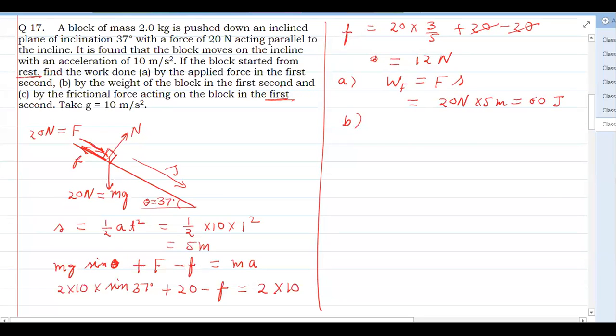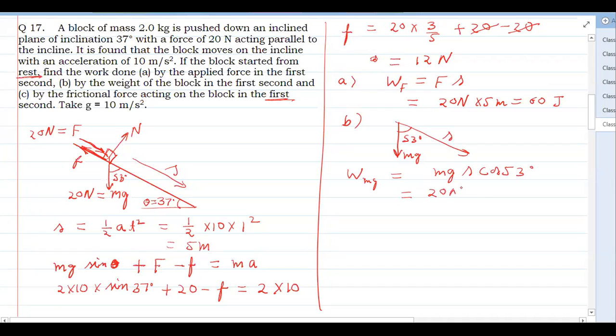Then second is the work done by the weight of the block in the first second. Weight is acting downward and the displacement is at some angle. The displacement is not downward. So weight is acting like this and displacement is like this. So we have to consider this angle. This is 37, so this will be 53 degrees. So we can write the work done by the gravitational force as mg s cos 53 degrees.